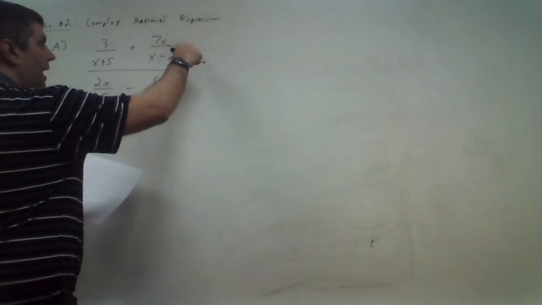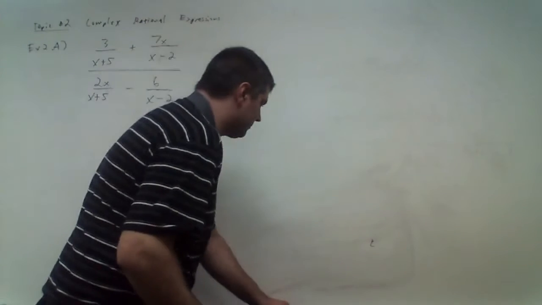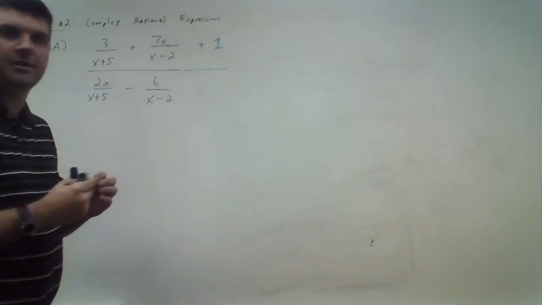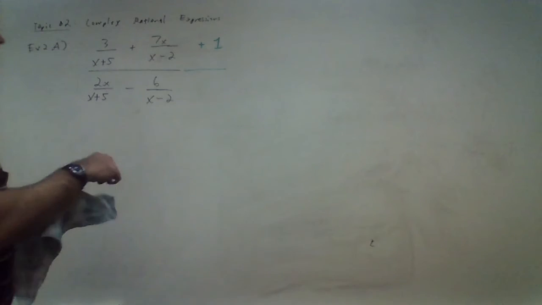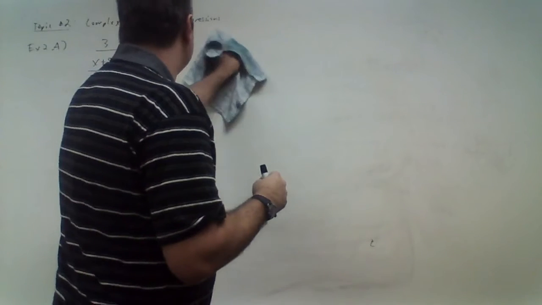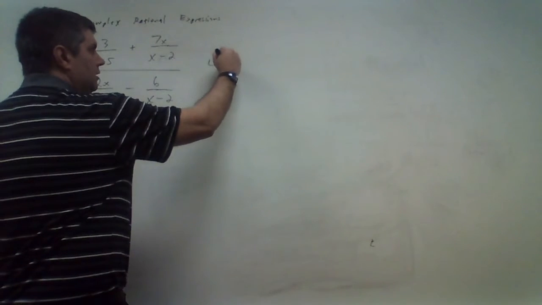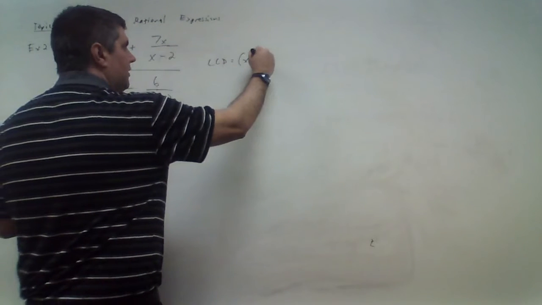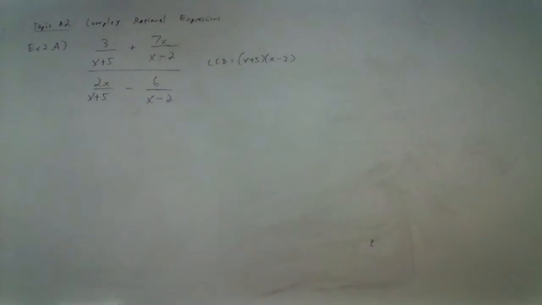Example 2 on the paper has a plus 1, and it makes the problem way longer than I want it to be, so I'm just going to remove it because you typically won't have something like that on something with an LCD like this one. So the LCD, because these two have no common factors besides 1, is just x plus 5 and x minus 2. So we will proceed to multiply everything by it.